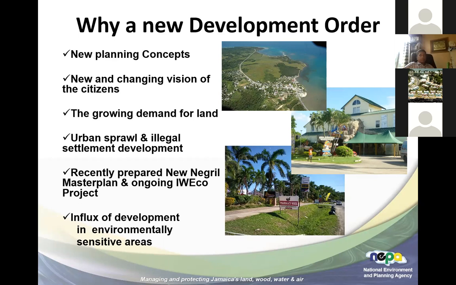Persons, based on what is happening, will from time to time develop a new vision for the area as it might relate to different sectors or industries emerging that they might think are well suited for the area. There's also the growing demand for land, tying into the changing vision, where persons are seeking opportunities for development of new and emerging industries.